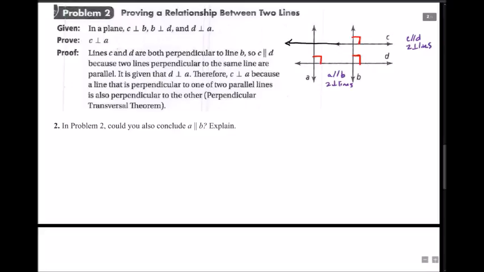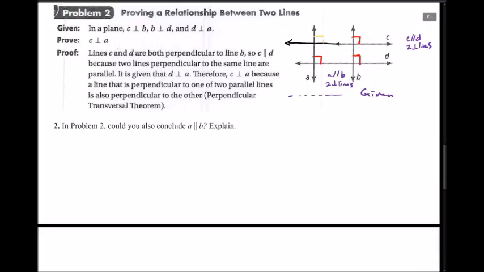So we want to prove that these two lines are perpendicular as well. So let's look at how we're going to do this. Let's start out here. We have our given. All of this stuff here is given. I'm not going to write it in the interest of space, but know that we have all of our stuff in our given. It's our first step always, right?